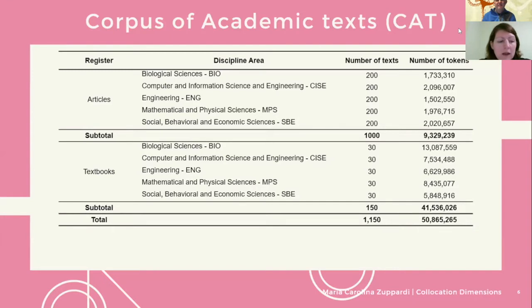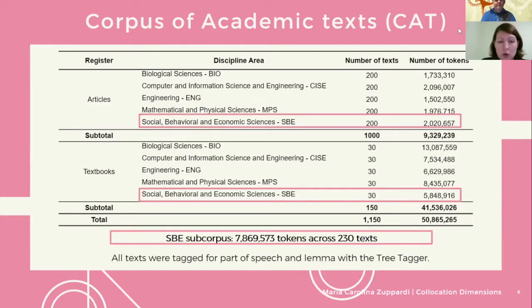But because this is a proof of concept, and I didn't know this was going to work, I decided to test it out on a subcorpus. I used the social, behavioral, and economic sciences subcorpus, which amounts to almost 8 million tokens across 230 texts. All of the texts were tagged for part of speech and lemma with the tagger.